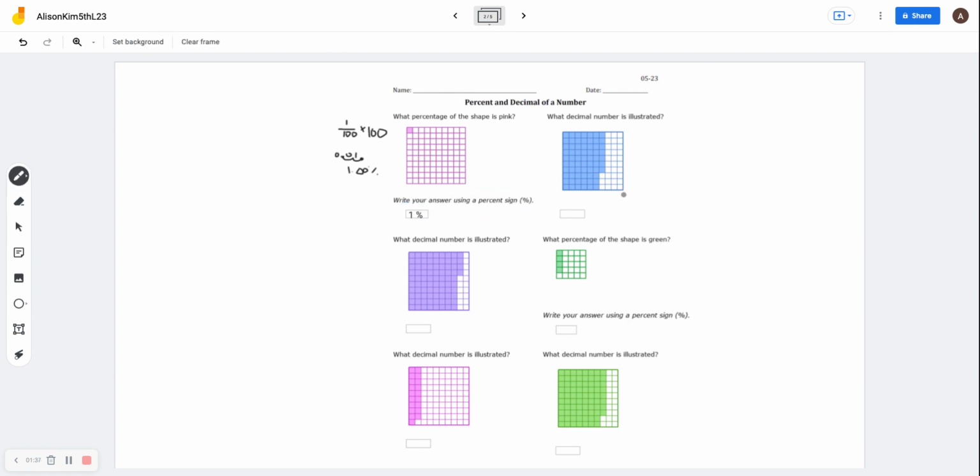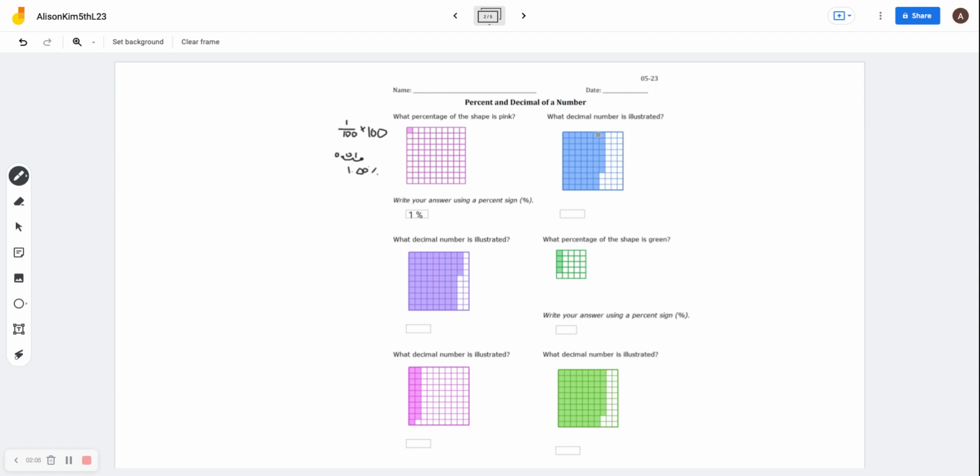And then when it asks you to find what decimal is illustrated, once again, each grid is 100 boxes total, right? For this one, let's count how many are shaded blue. Each row and each column has 10 boxes. Since the rows are not fully filled, we're gonna go with columns. Let's count. There's 1, 2, 3, 4, 5, 6.